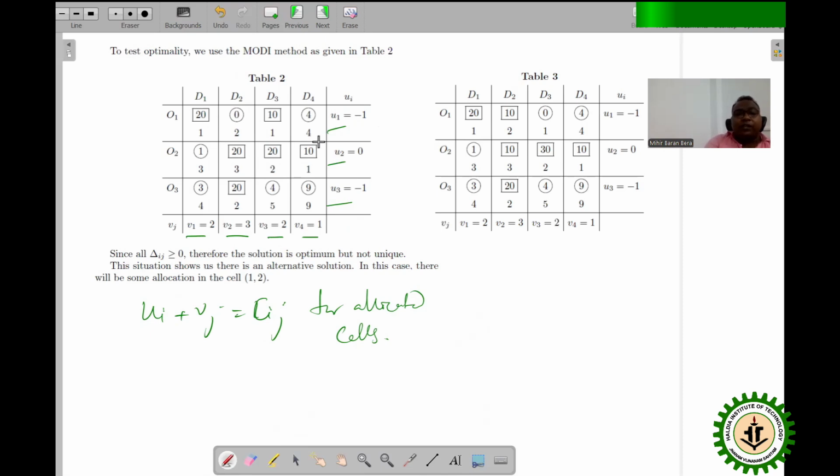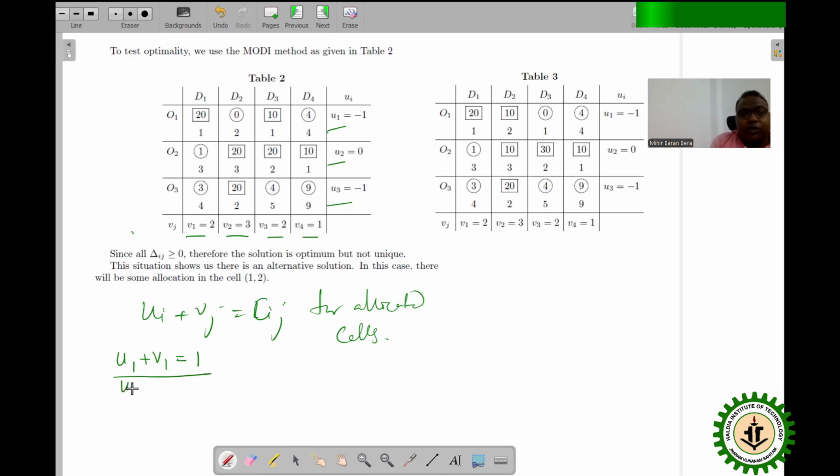You can see from here what these relations will be. First relation: U1 plus V1 is equal to 1.